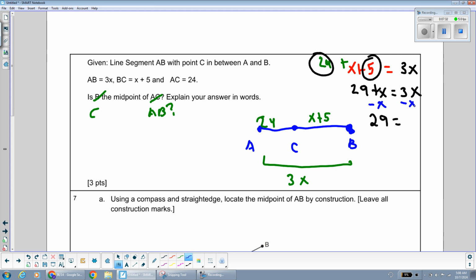If I subtract x from both sides, we have 29 is equal to 2x. And if we divide both sides by 2, we have x is equal to 14.5.